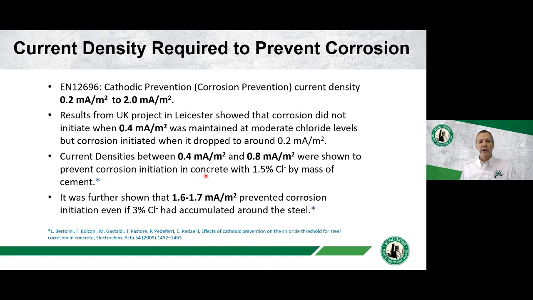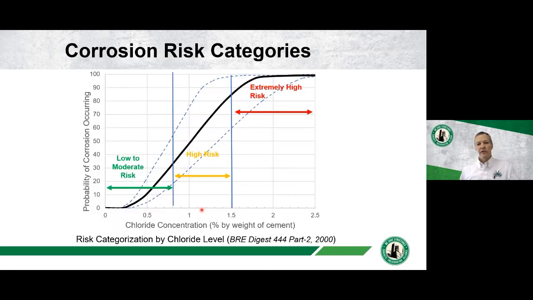If we have higher chloride concentration, like around 1.5%, there's research that shows the current density needs to be between 0.4 and 0.8. And similarly, if the chloride content is up around 3%, you're going to need a current density of around 1.6 to 1.7.